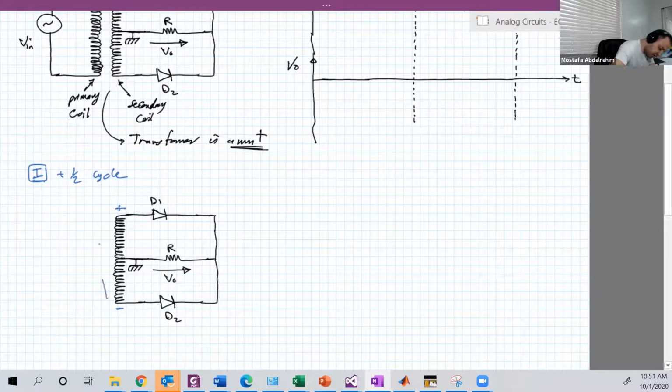And if we have 1-to-1, this will be the input. Because of the ground, this input will be halved. So this will receive the input over 2. This will receive the input over 2.